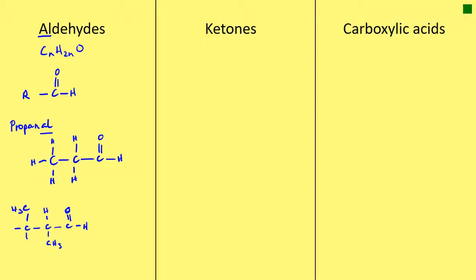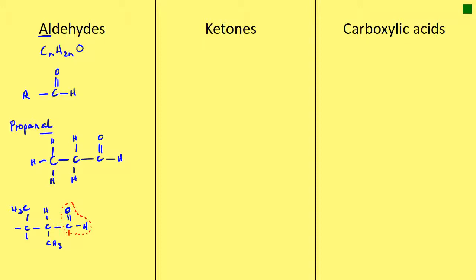Okay, so let's work out the name of this one. First of all, we want to check out the functional group. We can see the functional group is here, and we know that we've got a hydrogen hanging off the carbonyl carbon, and the carbonyl carbon is obviously linked to a double bond oxygen, so we know it's an aldehyde from that functional group.